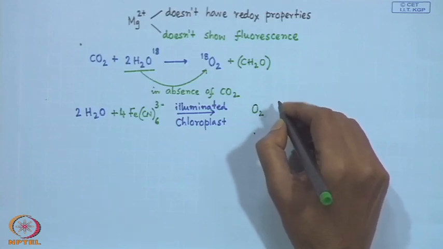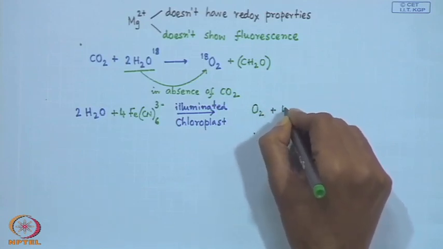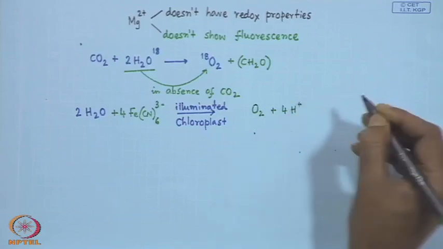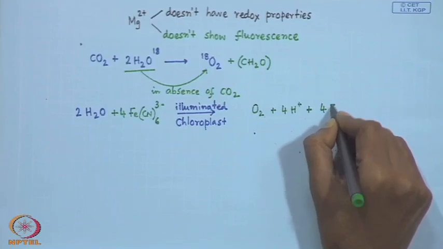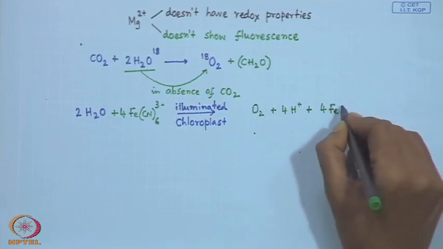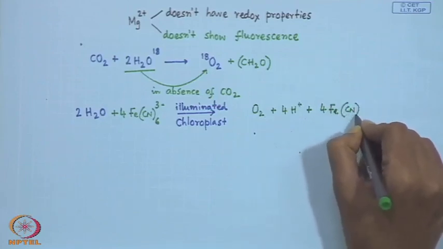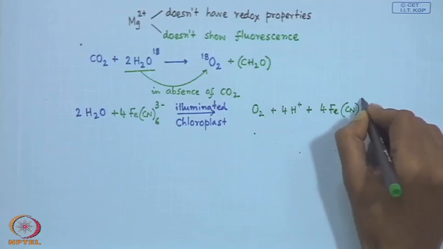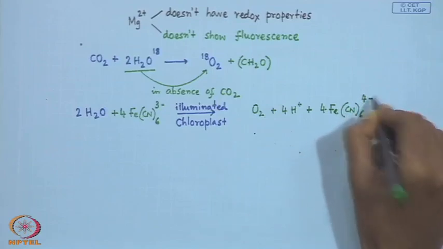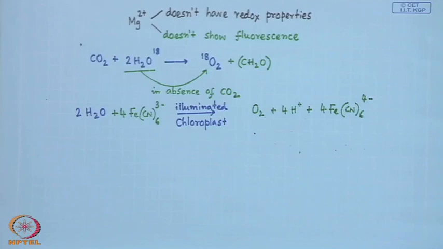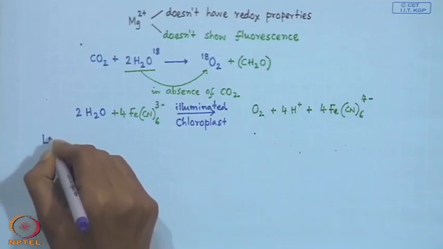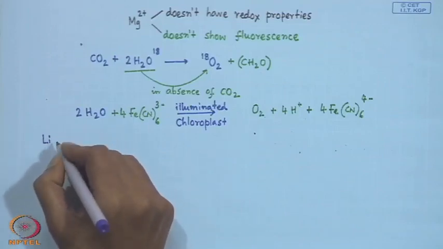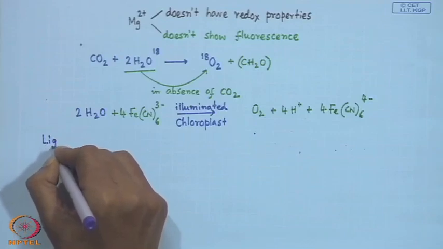In this case you can produce O2 plus 4H+, because it is a 4 electron transfer step, from ferricyanide to ferrocyanide.